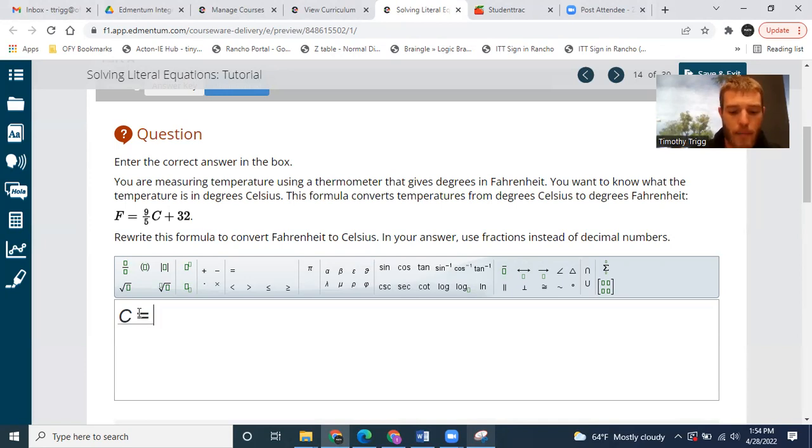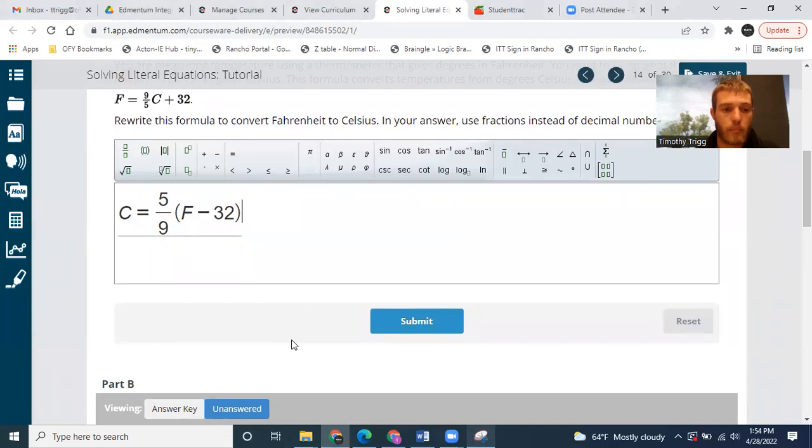So again, that was 5/9. So when you're using this equation editor over here on the left, there's this fraction. So we want to use 5/9, parentheses, minus 32. Okay.